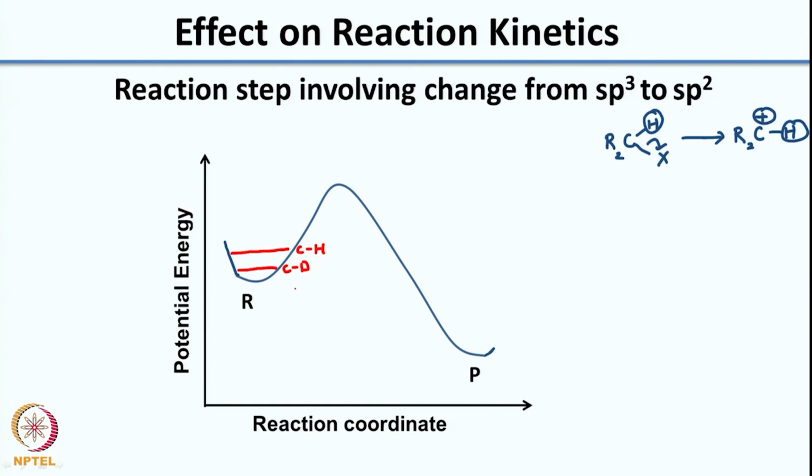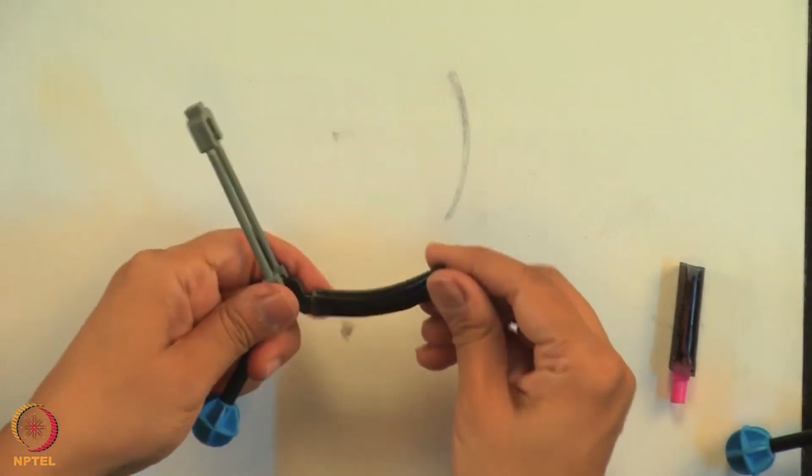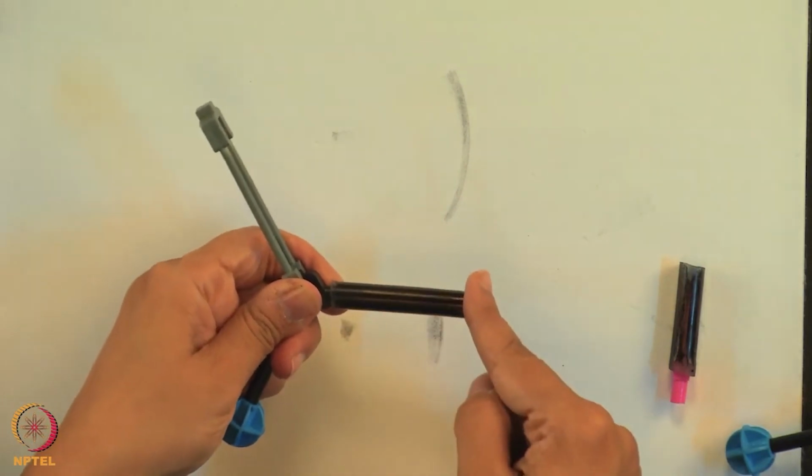Now, your transition state would have a mix of sp3 and sp2 character. Now, what happens in the case of sp2? In the case of sp2, if you remember what we had seen earlier, in your in plane bend you still have some steric effect.